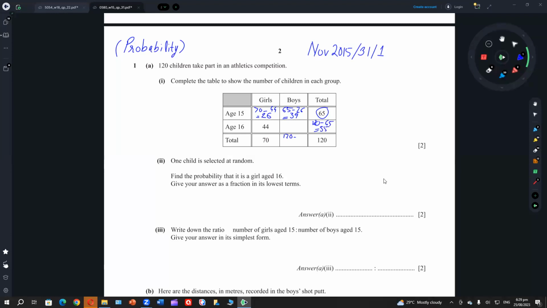That is 55. Okay. 120 minus 70. That is 50. Yes. Okay. What about age 16 in between? That would be 11. Yes.